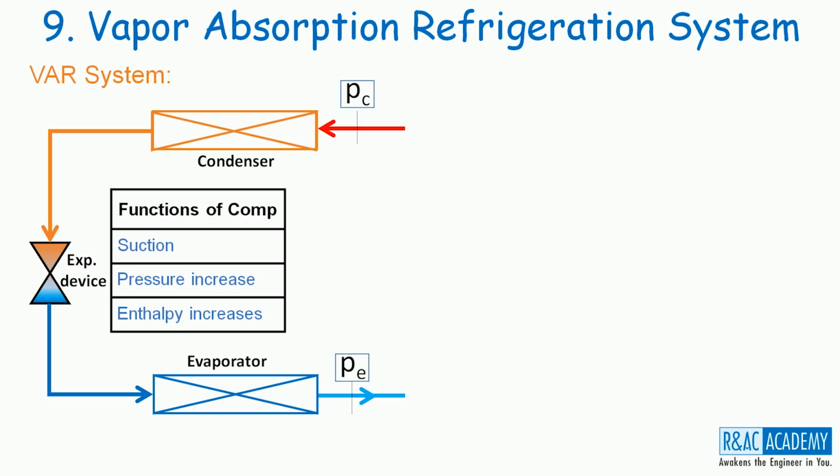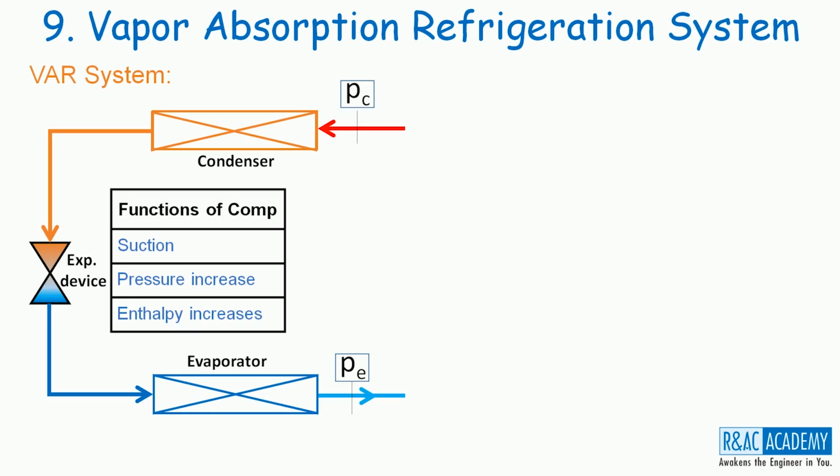Then, does it mean that we don't need to perform these three tasks? The answer is no. Irrespective of the method we adopt, we must ensure that these three functions are taken care of in order to produce the refrigeration effect.